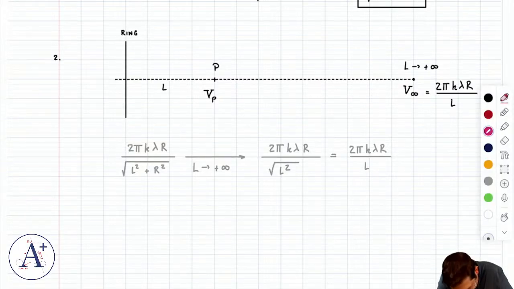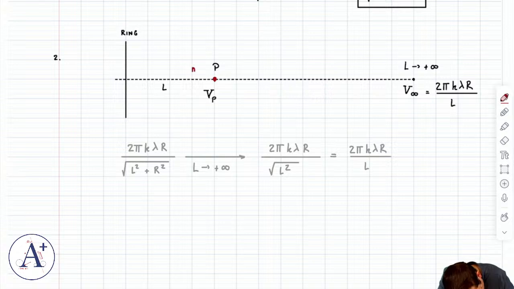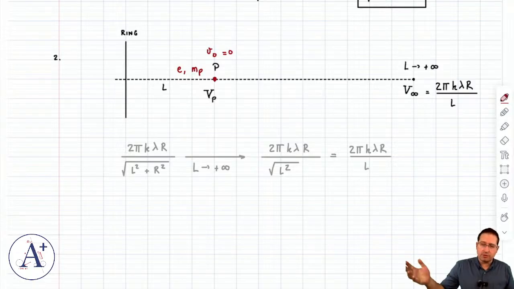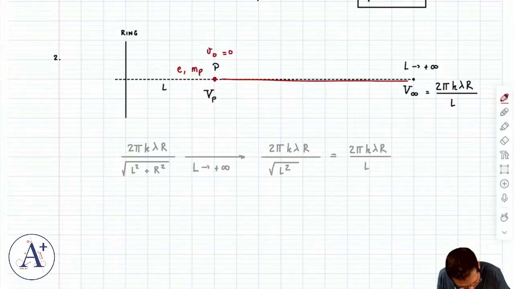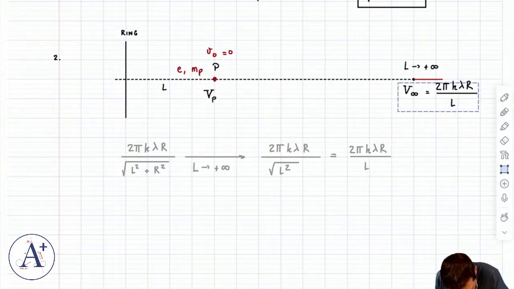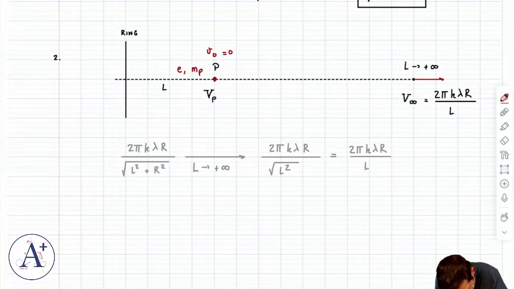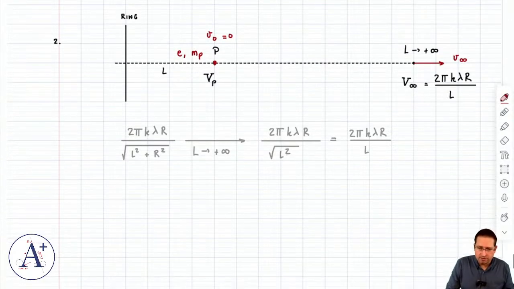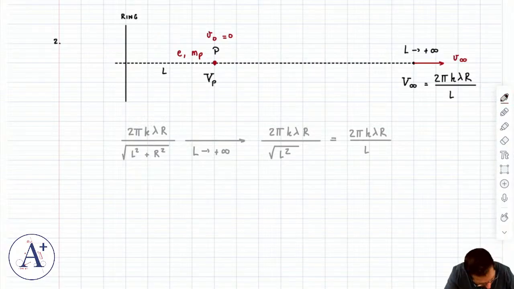And if we release a proton with a mass mp and a charge e from rest, so v0 is 0, it will be repelled by the positively charged ring. It is going to travel in this direction, and it will reach infinity with a certain speed. Let's call it v infinity, and we want to find v infinity. Well, the only force doing work on the proton as it moves is the electric force.